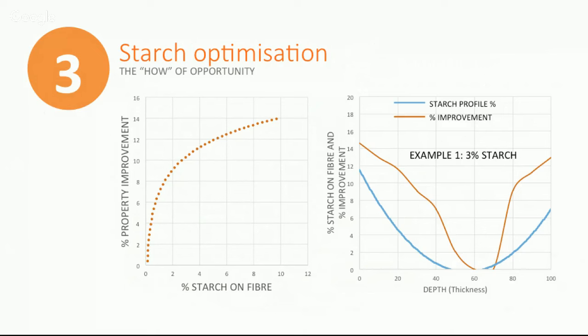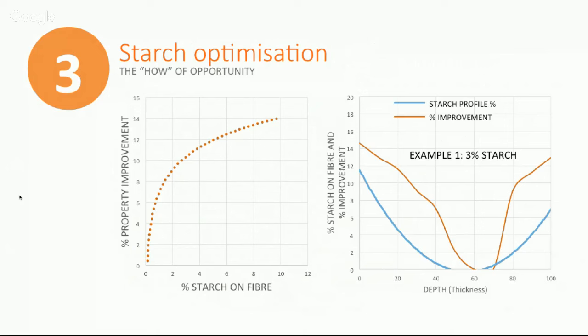Here's a plot of the starch profile through the thickness of the sheet. So along the bottom, we have the thickness of the sheet, or the depth through the thickness of the sheet. The blue curve represents the percentage starch on fibre in a size press mode.